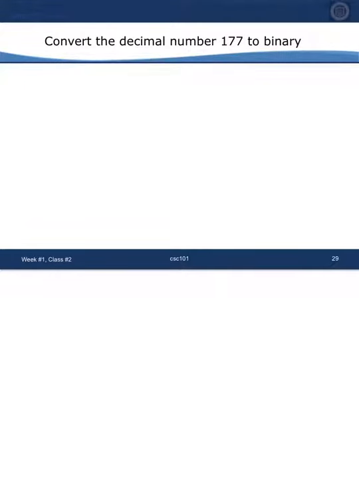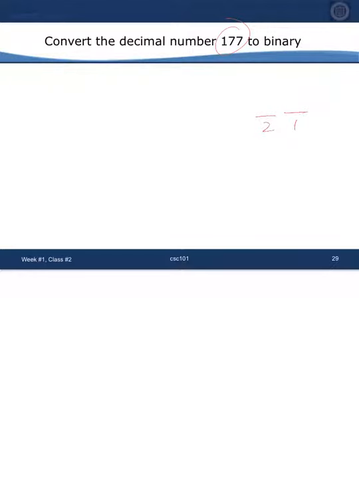So let me just do one more for you so that I've done a little more to help you out. This is the last slide. If I wanted to convert our number, 177, to binary, how might I do that? My advice to you, like I said, is to draw out blanks until you get to that number.